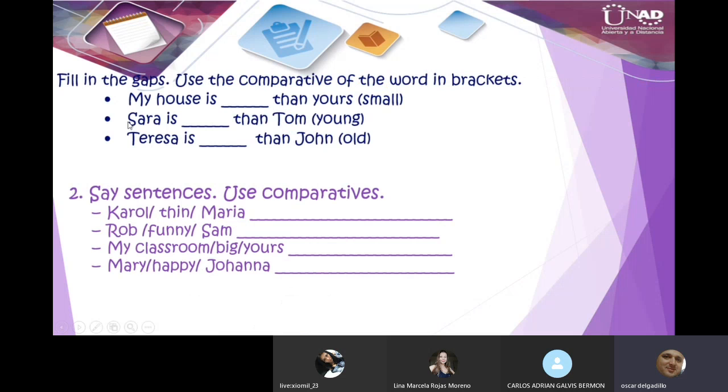Lina, can you complete this sentence using the adjectives in brackets? Fill in the gaps. Use the comparative of the word. My house is smaller than yours.